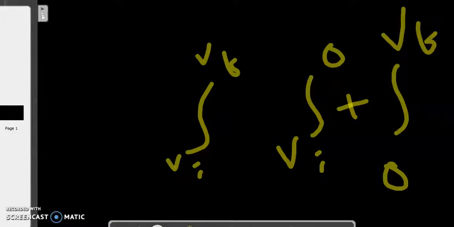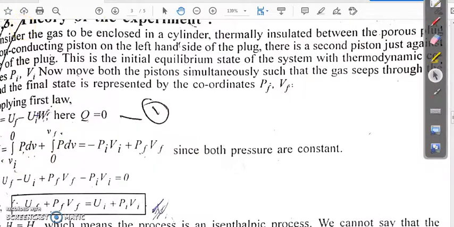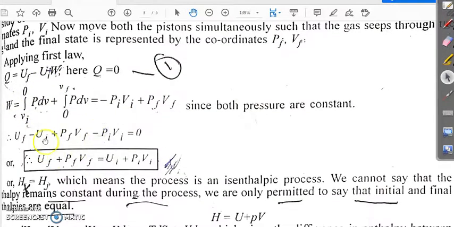Then if you put in the lower limit and upper limit, you will get this equation. This is the value of W. Now put the value of W in this equation and that will give you these things.